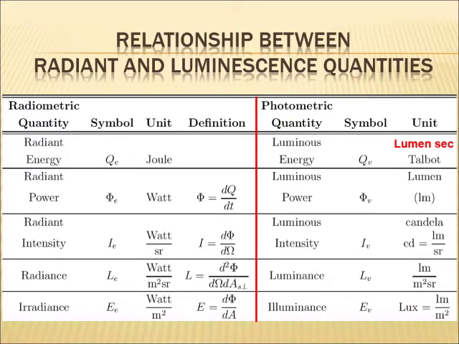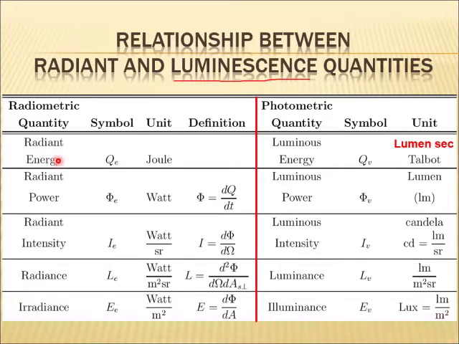In general, luminous means brightness. The radiometric quantities are applicable only for the optical spectrum or light spectrum, whereas the photometric quantities are applicable for the visible spectrum.